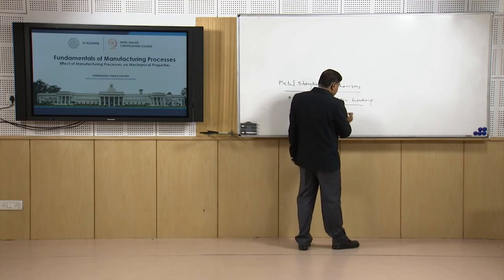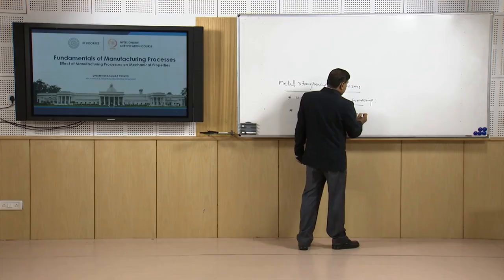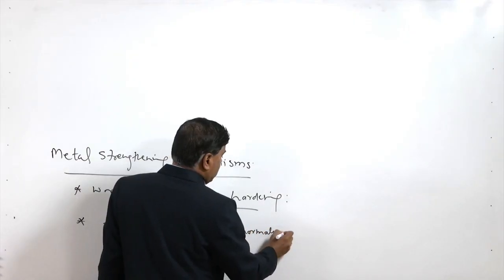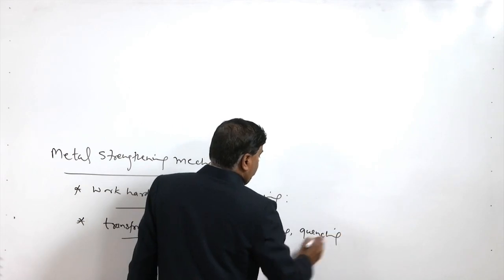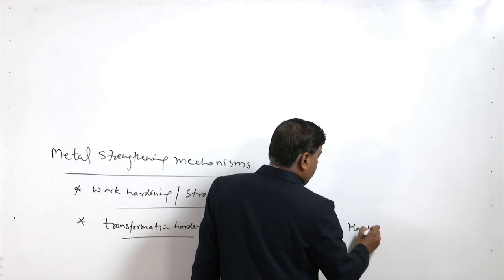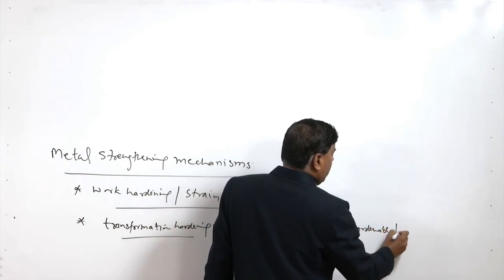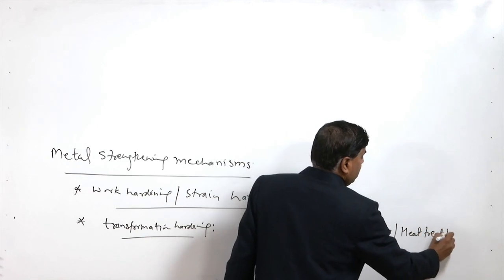The hardening may be in form of normalizing or quenching. This basically occurs in case of the hardenable or heat treatable steels.